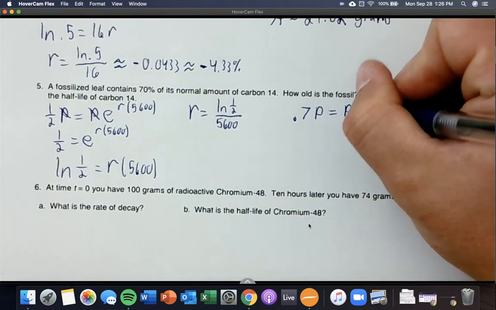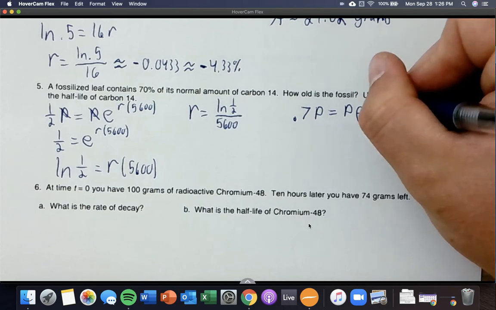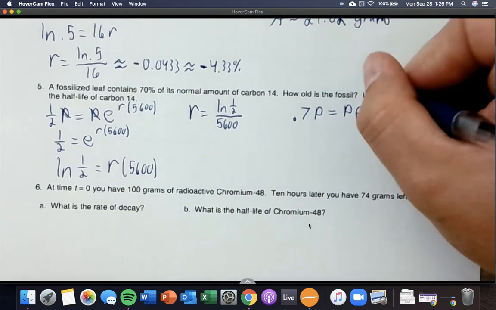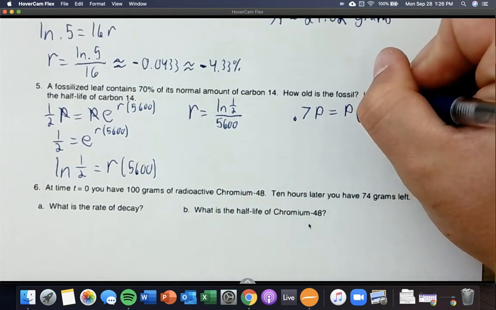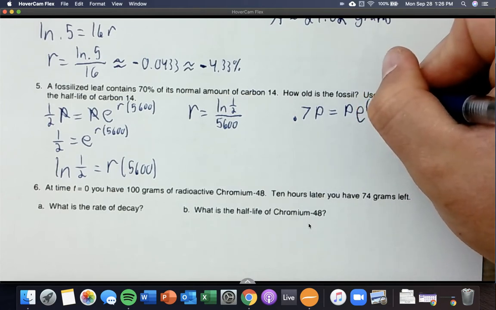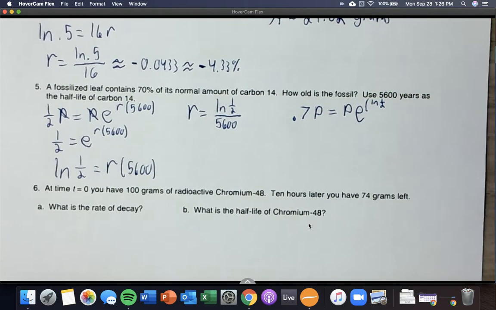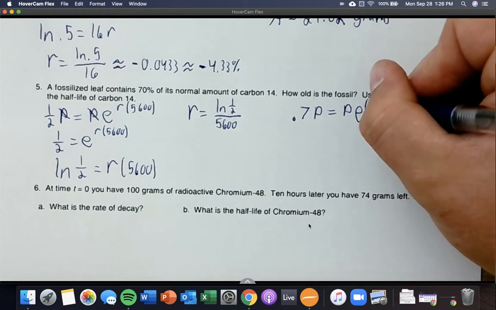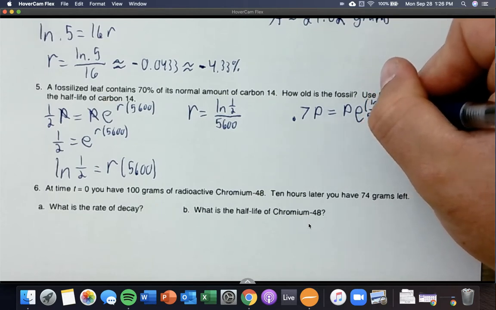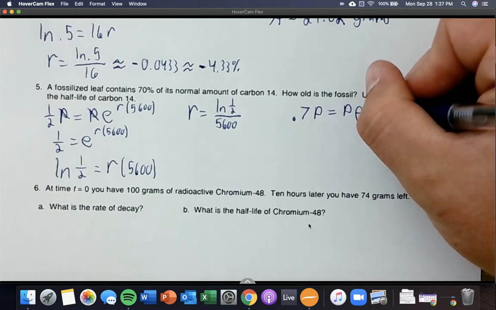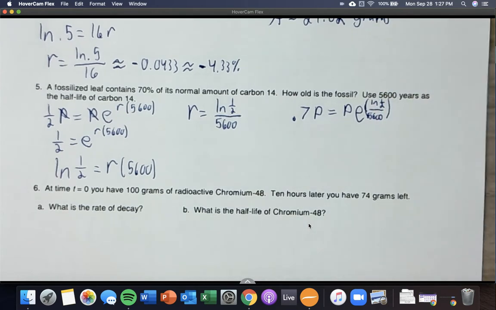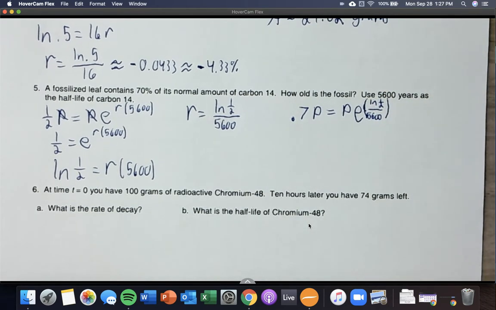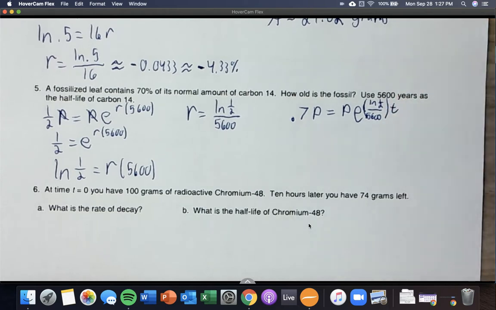That's going to be times e raised to the rate, which we have right here. It's the natural log of 1/2, all over 5,600. Sorry, I know I'm writing kind of small here. And that's going to be times the time, which we're solving for. We want to know the time.